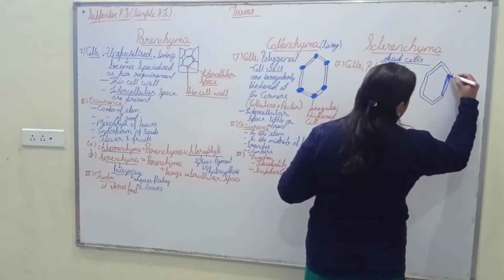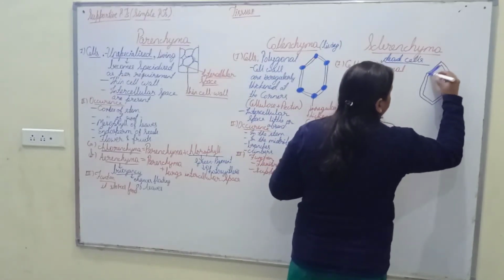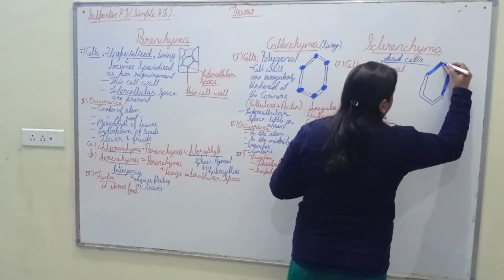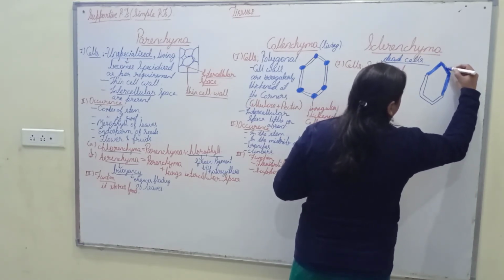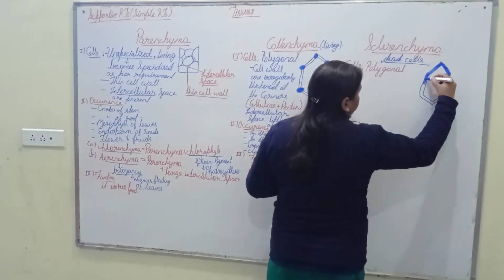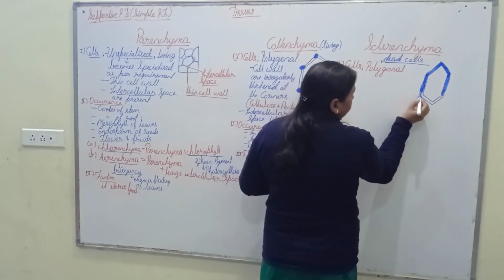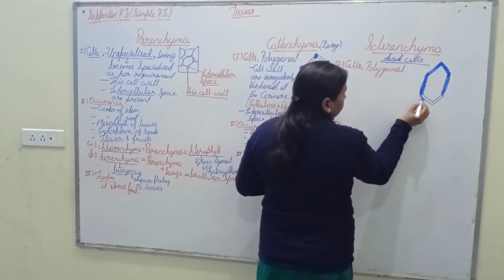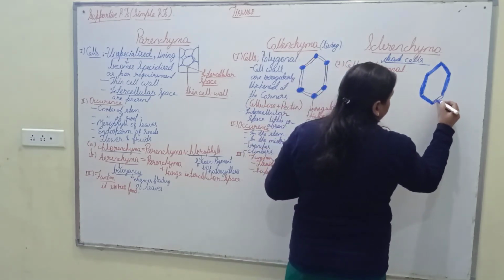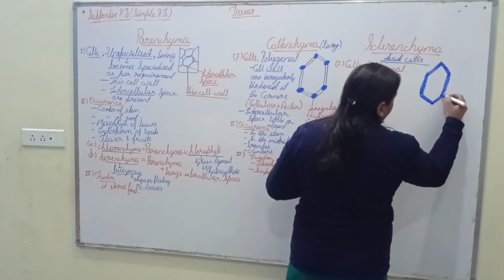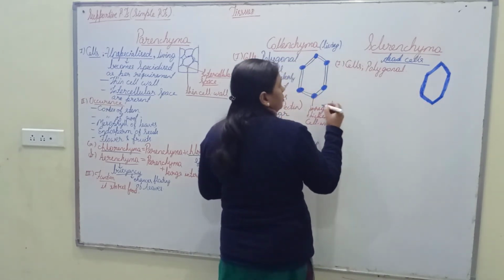They have a thick cell wall. So lumen becomes narrow and long.